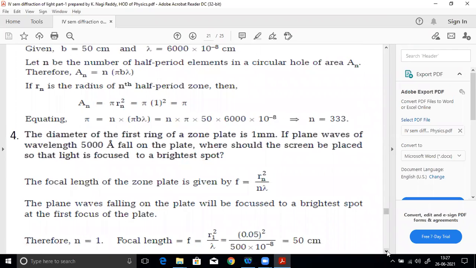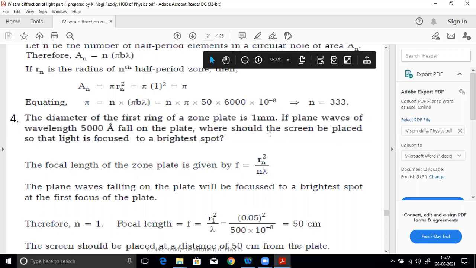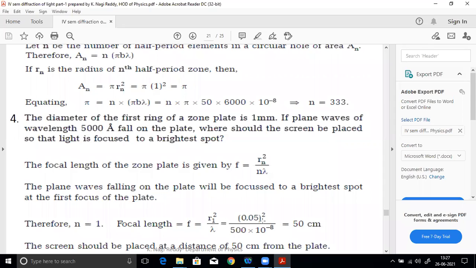When you take n is equal to 1, then F is equal to R1 squared by lambda. The diameter is given as 1 millimeter, so the radius is 0.5 millimeter, in centimeters that is 0.05. So 0.05 whole square divided by lambda, that is 5000 into 10 to the power of minus 8. Got it?